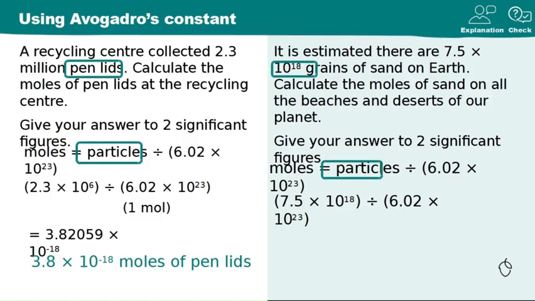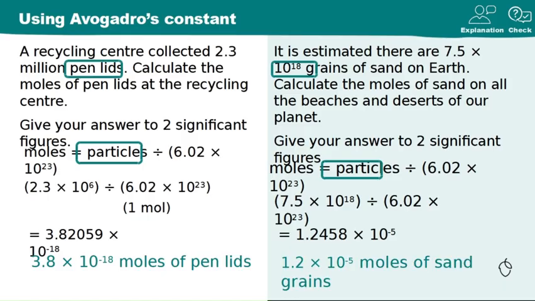So that would be 7.5 times 10 to the 18 divided by Avogadro's constant, 6.02 times 10 to the 23, and that would give us the number of moles. And to 2 significant figures, that would be 1.2 times 10 to the minus 5 moles of sand grains.